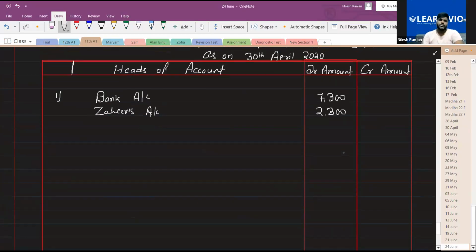Sharma debit, $1,300. Rahul credit 2,100.